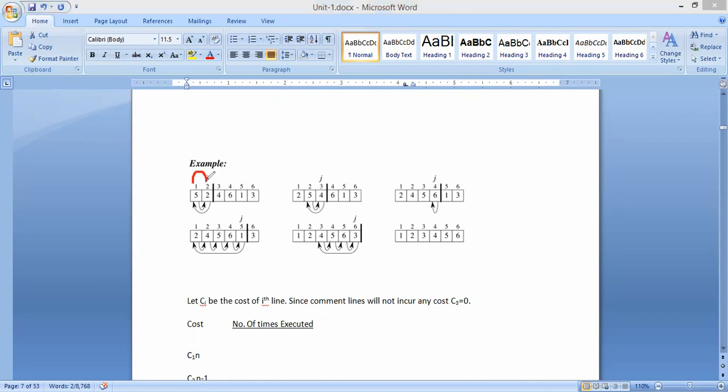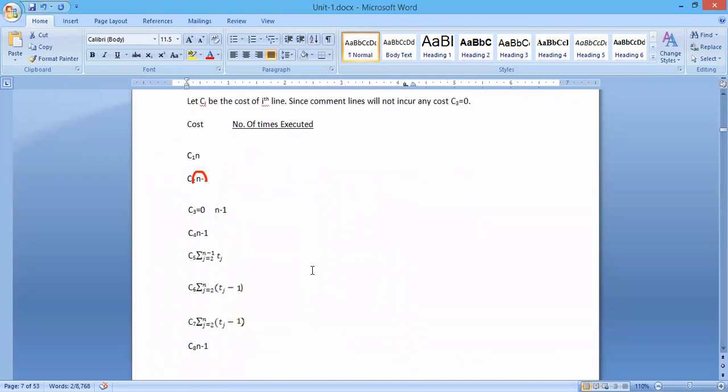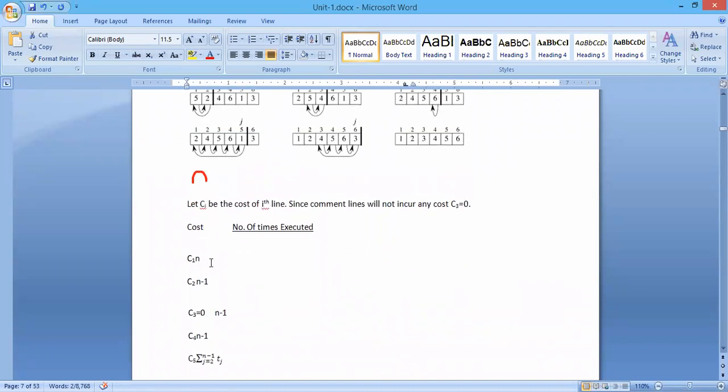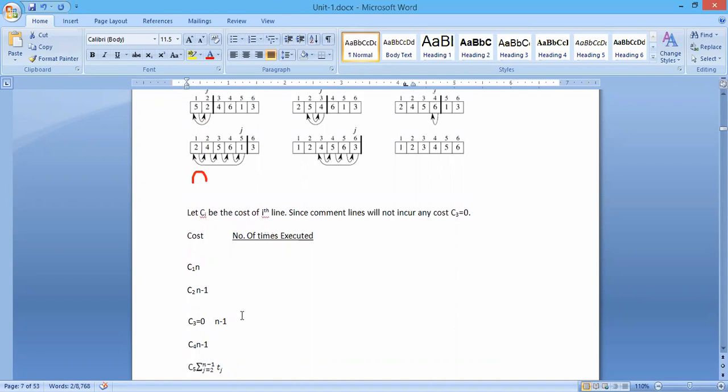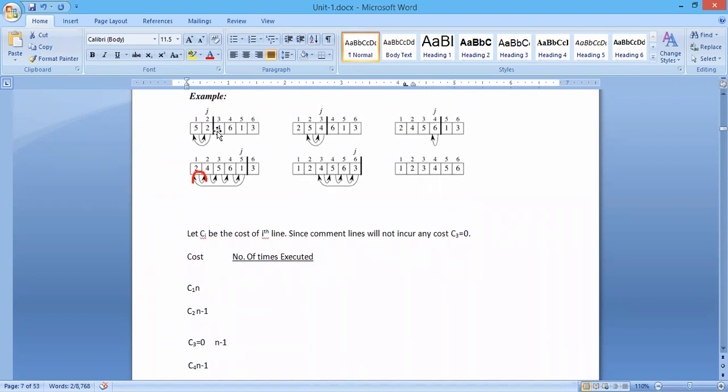At the first pass, how much time does it take? C1 n, C2 (n minus 1), C3 from 0 to n minus 1, because here initially we have one barrier.